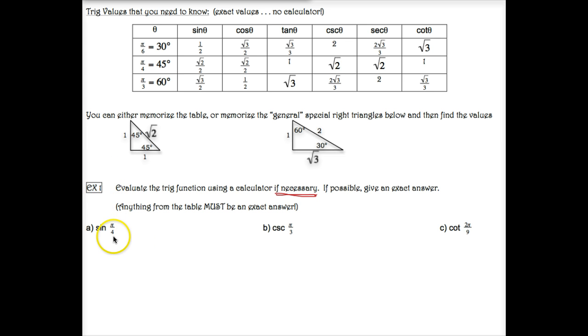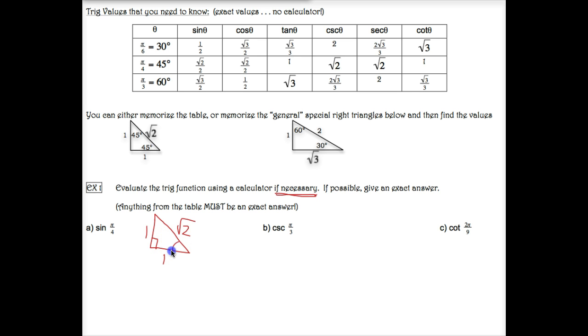So here, sine of pi over 4. That's in our table. So if you know the table, that's great. You can write down what the answer is. Most of you are probably not going to memorize the whole table. And so what you need to be able to do is say, okay, pi over 4 is a 45-degree angle. So I know that this is a right triangle whose hypotenuse is radical 2 and sides are both 1.